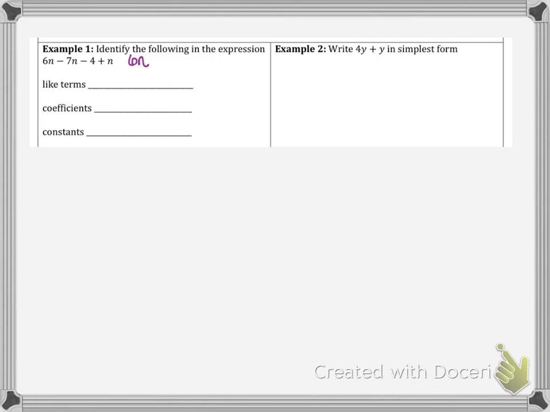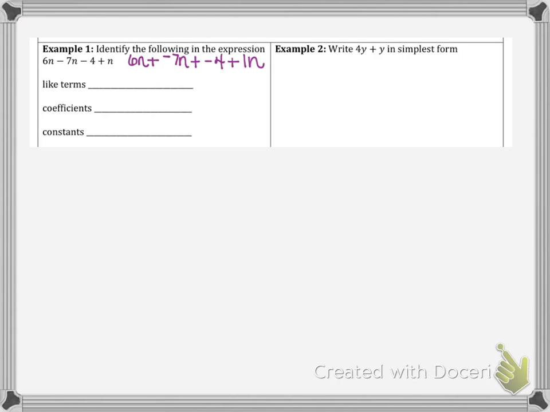I'm going to rewrite that to be plus, and then the opposite of 7n is negative 7n. Then we're going to have the rewrite for minus 4 will be plus negative 4. And then plus n is the same as plus 1n. So I'm going to add that coefficient of 1 in there.